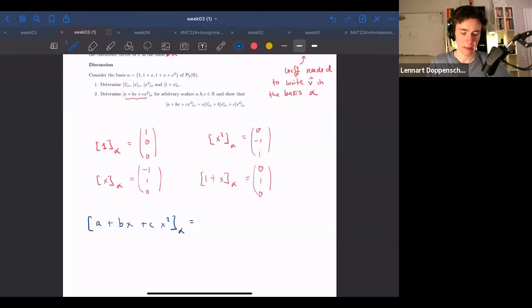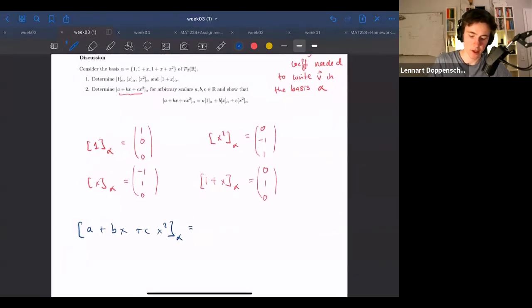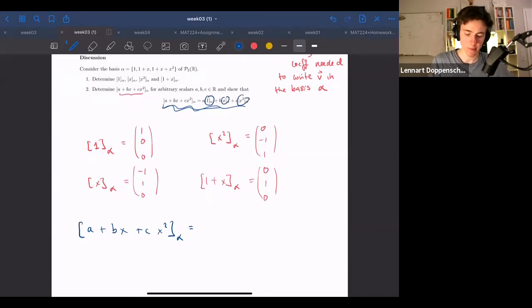So let me maybe give you the answer first before we discuss why this is the answer. And I've already suggested here how to approach this. Once we know the coordinate vectors of each monomial, we just sum them together and multiply with a, b, and c.